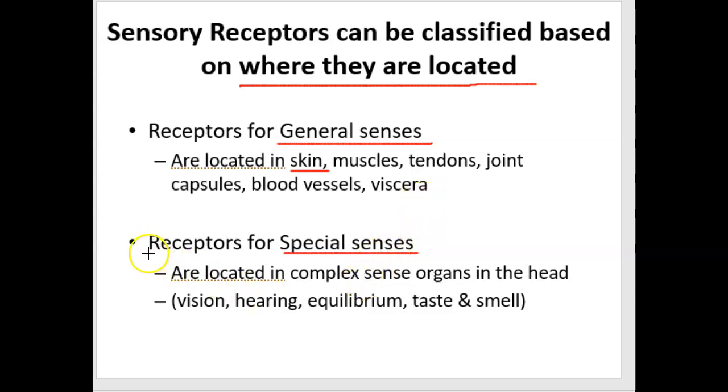Now we also have receptors for special senses, which include vision, hearing, equilibrium or balance, taste, and smell. All of the sense organs for these are located in the head and not associated with the skin. So we're going to be talking about just general senses here.